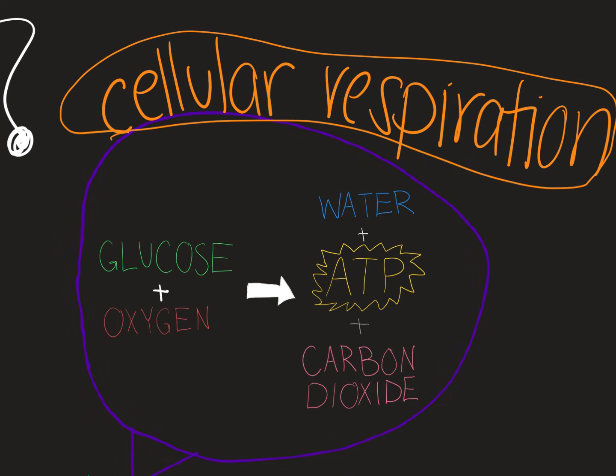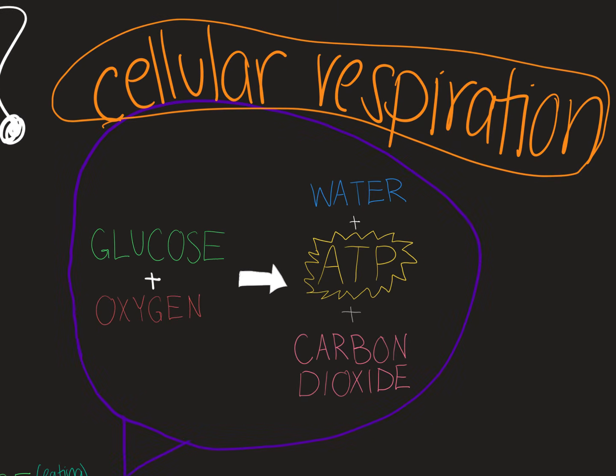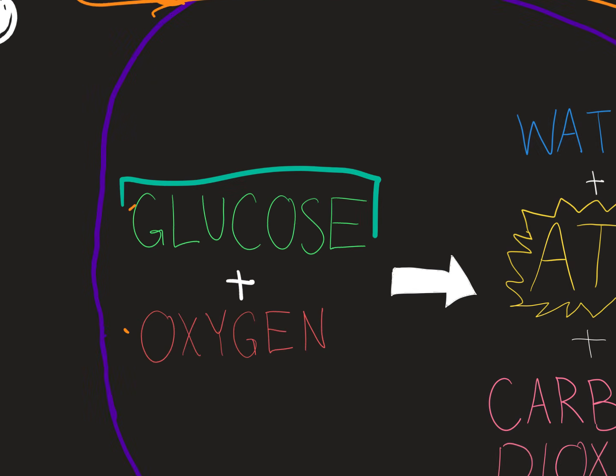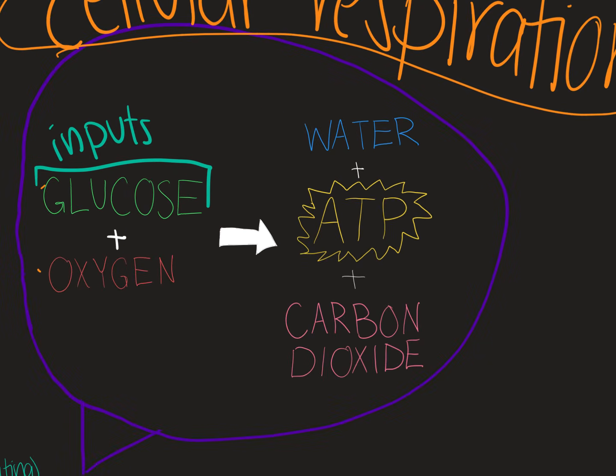So here we've zoomed in on the mitochondria to see cellular respiration happening. And we see our glucose and oxygen. We are going to call these our inputs. The two things going into our process, those are our inputs.